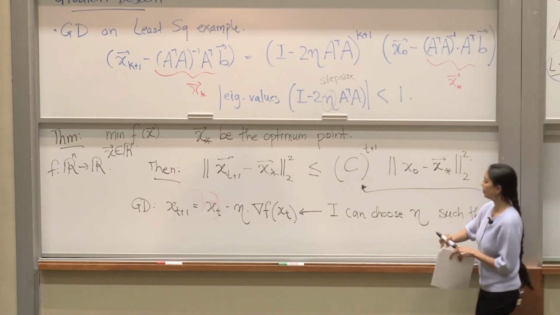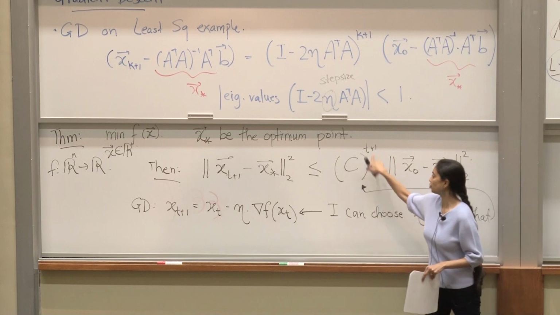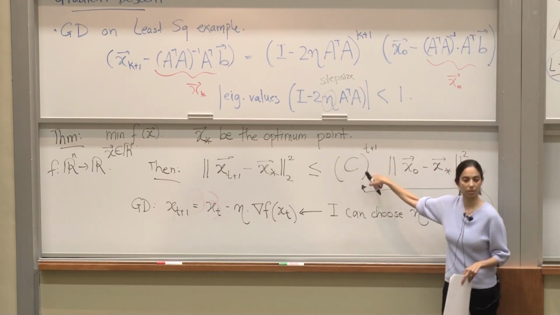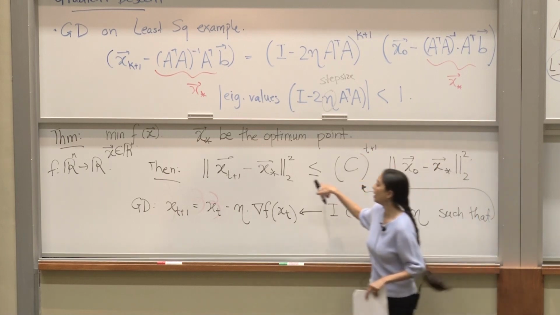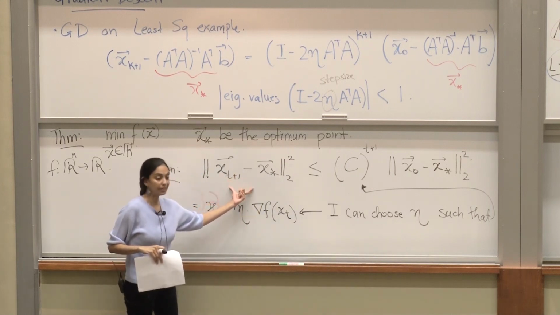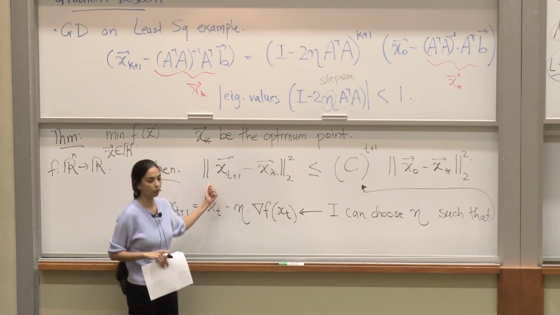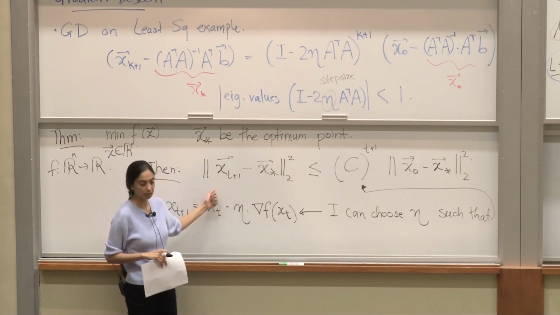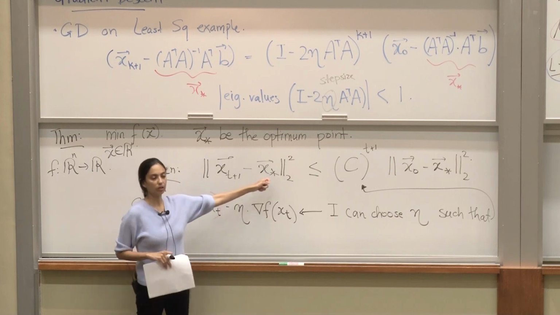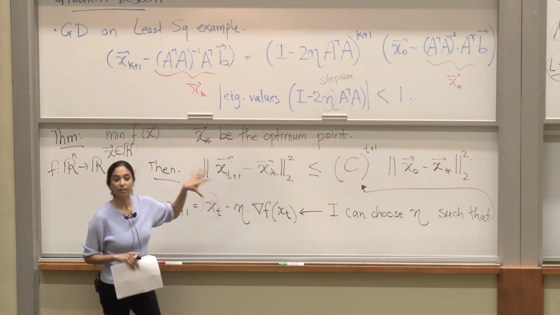So I start out at this distance from the optimum. I can choose an eta such that this thing is going to be smaller than 1. And I'm going to basically have my distance to the optimum shrinking with every time step. And therefore, in the limit, as t goes to infinity, x_t will converge exactly to x star. This is the kind of theorem I want to prove.